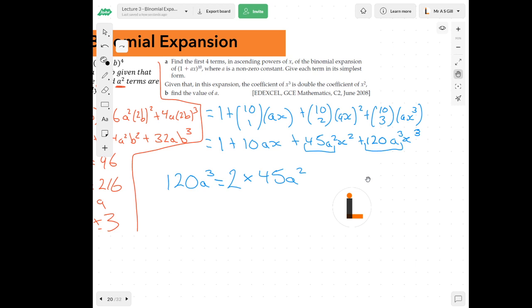So now you can start to see that we've got an expression here that we then solve for a. So this is going to be 120a cubed is equal to 90a squared.